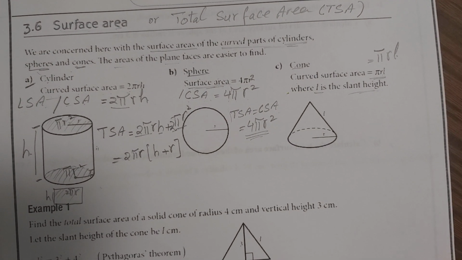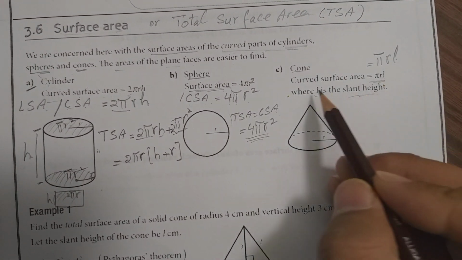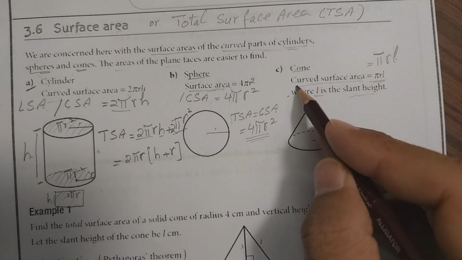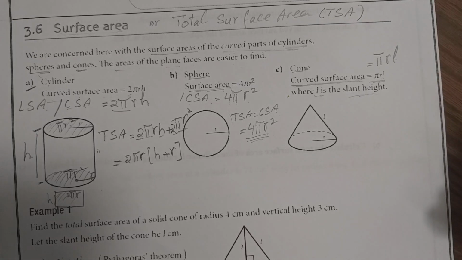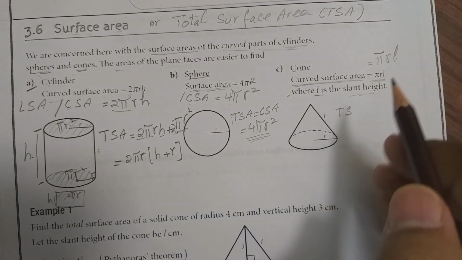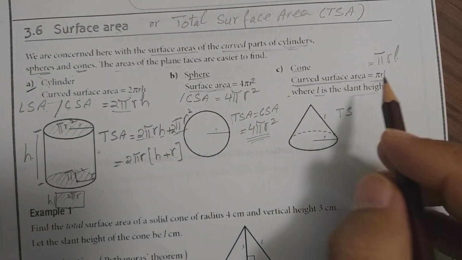And see, we are given the curved surface part, and we need to find the total. This is the curved surface part, but sometimes they will ask you to find the total surface area for the cone, or just surface area, as we mentioned in the title.